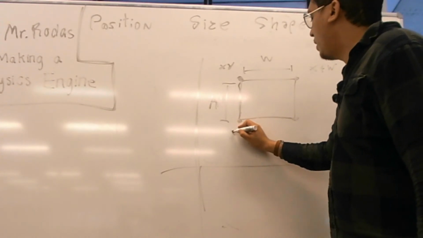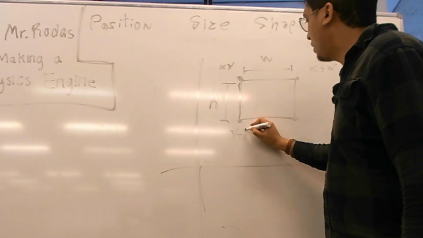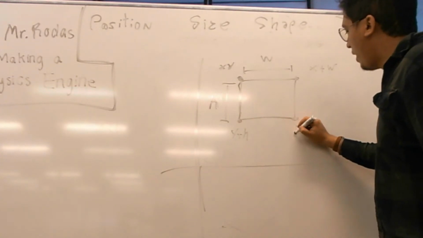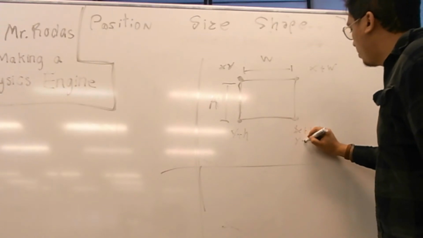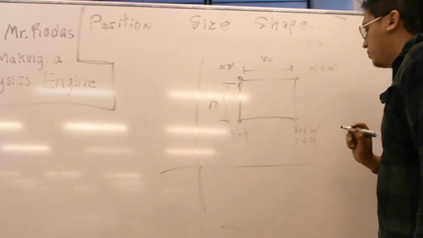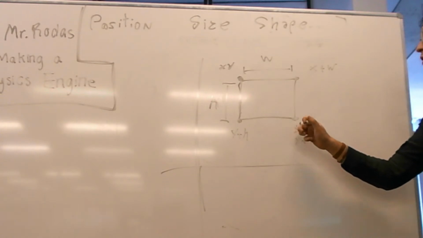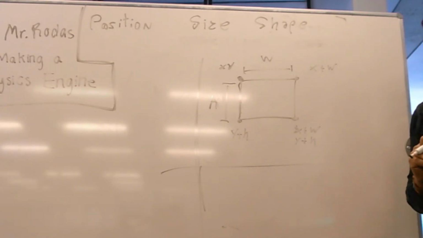This is y plus h, and this is x plus w, y plus h, right? So we know all these other points too. If we define them as inequalities, we can use that to create a mathematical square.